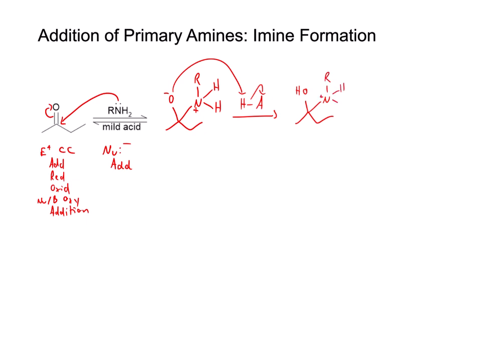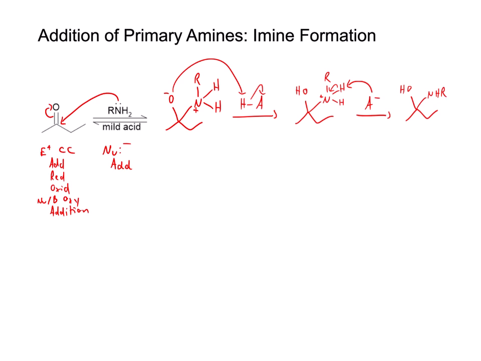So here's where things start to get a little bit different. Now, we're going to take that A negative that we had, and this is going to do another proton transfer. We're going to take a hydrogen off and create what is known as a carbinolamine, and that is where we have an OH and our NHR bonded to the same carbon.